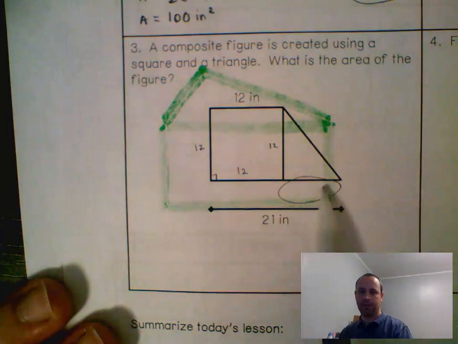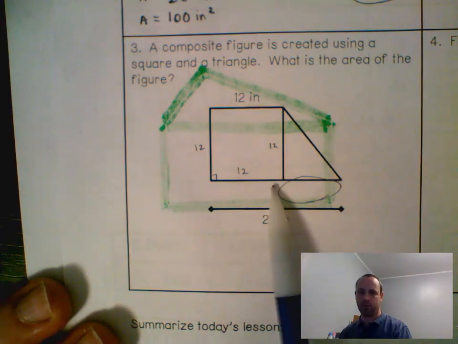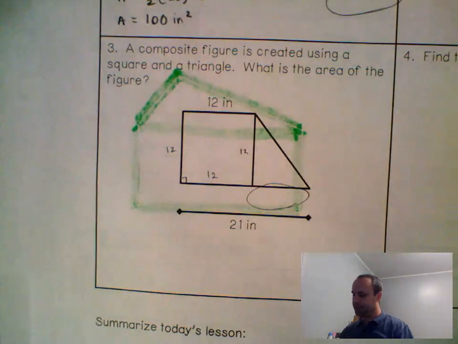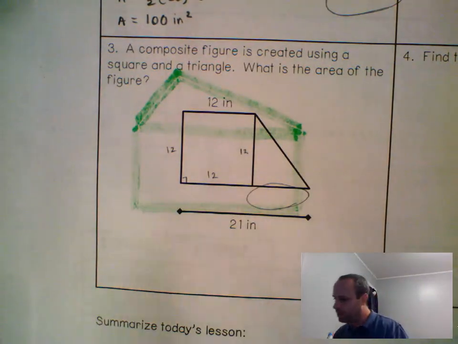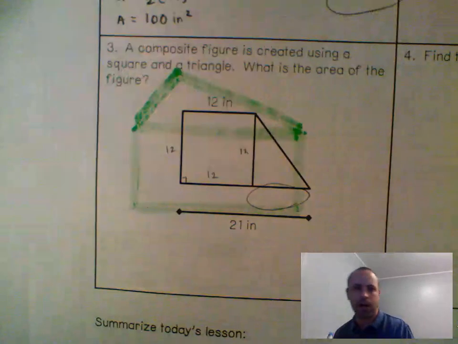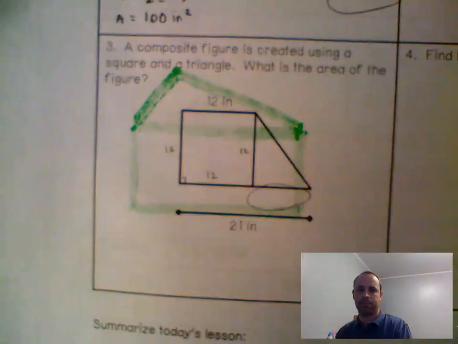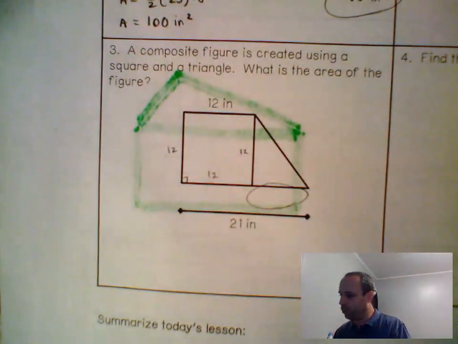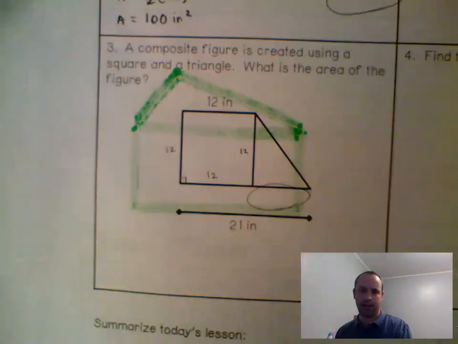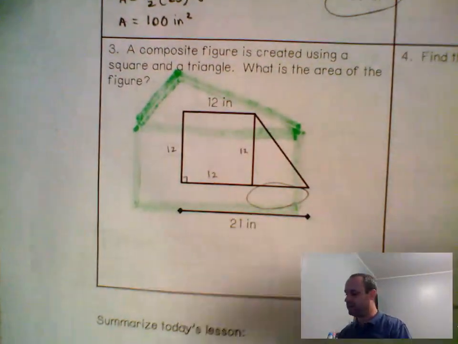What would that be if we know the whole bottom here is 21, and we know that that far is 12? So you're doing 3. If you did 3 correct, go ahead, pause it. You should get 198 inches squared.